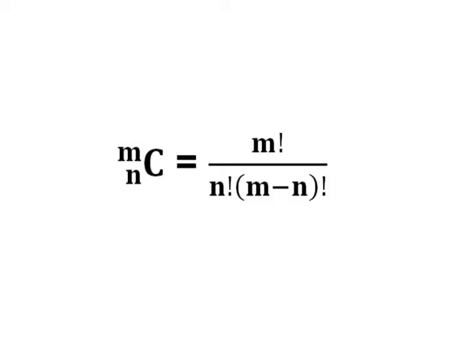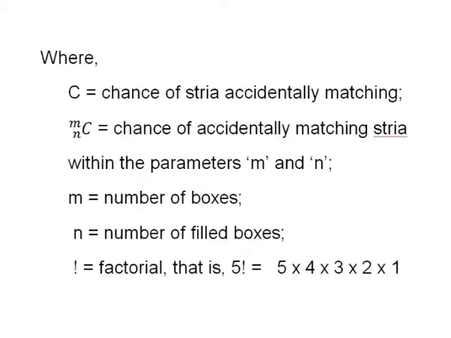Now, the chance that in a similar 20 boxes exactly the same combination will be filled is given by the standard statistical formula, and the formula is C = ᵐCₙ, which is equal to m! / (n!(m−n)!), where C is the chance of stria accidentally matching within the parameters m and n.